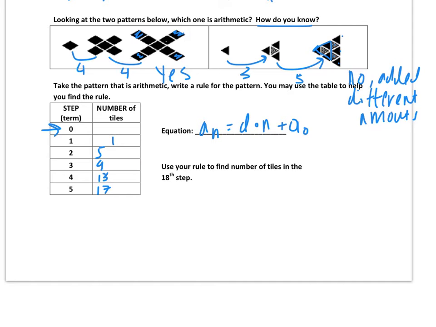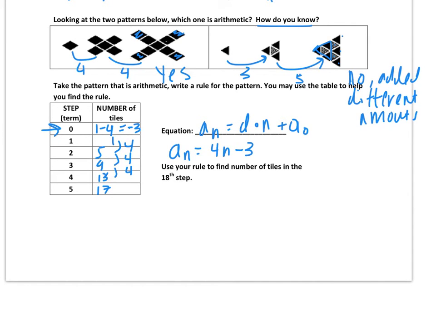But if we use the pattern that these are all going up by 4, if we're adding 4 every time, then working backwards, 1 minus 4, so I'm subtracting, we get -3. So to come up with the equation, we have a to the n, just whatever term number we're trying to find, equals the difference, that's 4, times however many terms there are, plus a to the 0, which is -3.